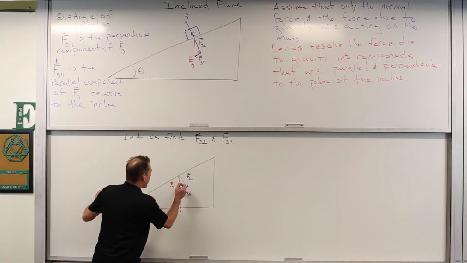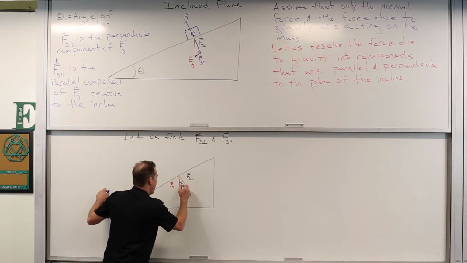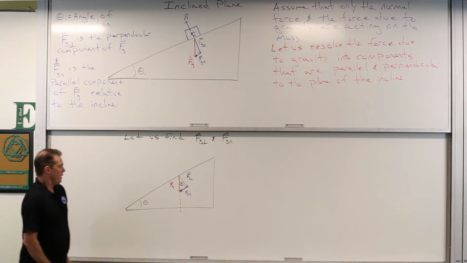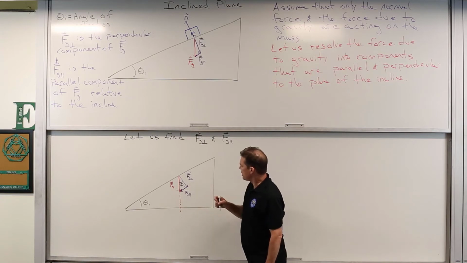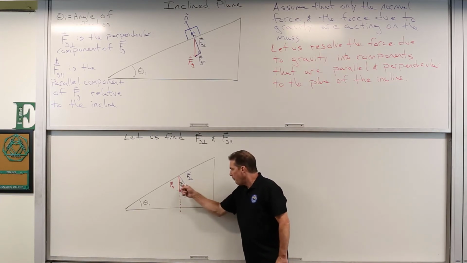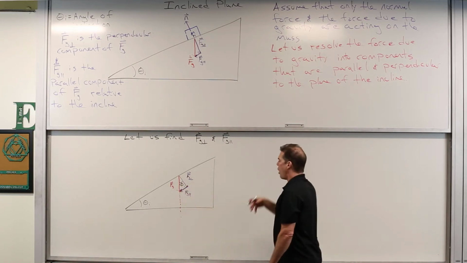Let's call this angle right here phi, just for right now. Because if we can figure out what phi is, then we can take this right triangle and figure out how F sub G perpendicular and F sub G parallel are related to F sub G by this phi, via some trigonometric identities, right?